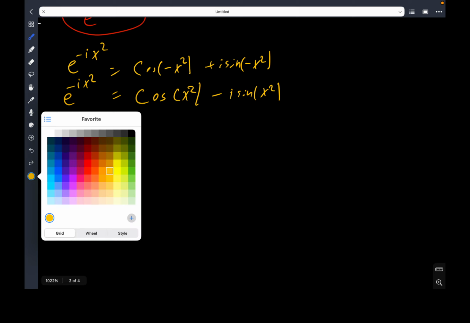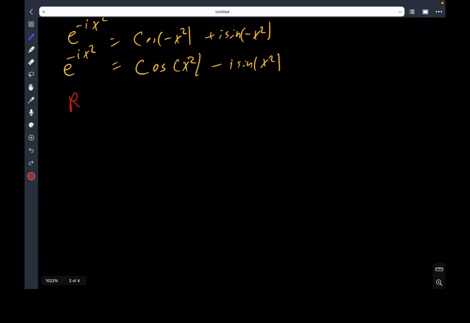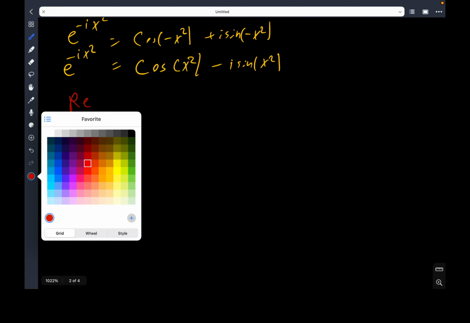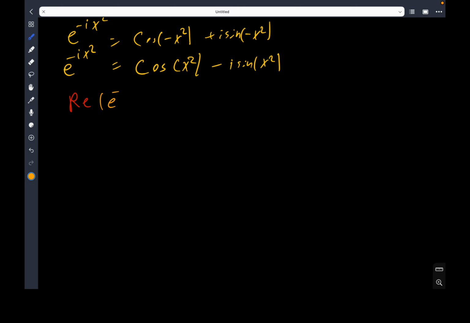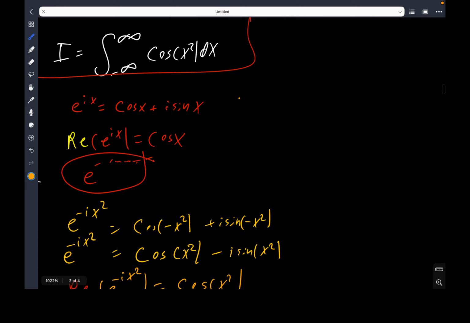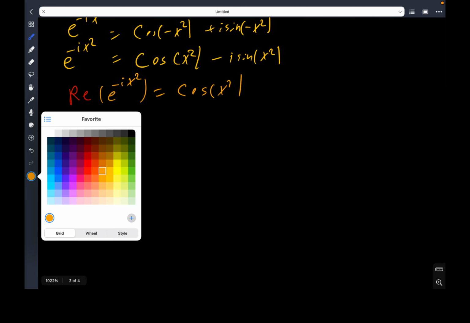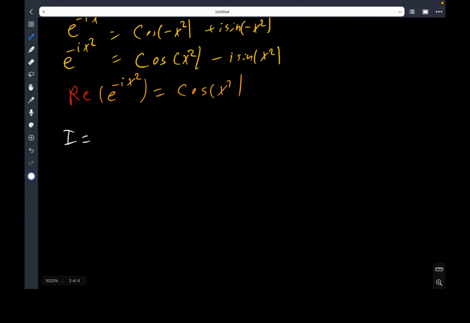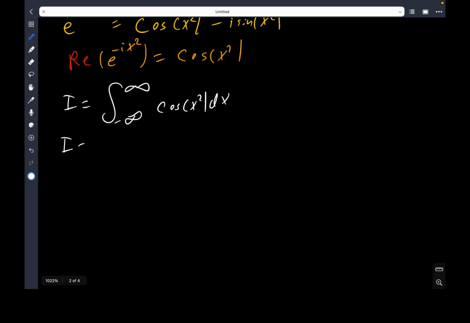And now if I take the real part of e to the negative ix squared, it's going to be cosine x squared.